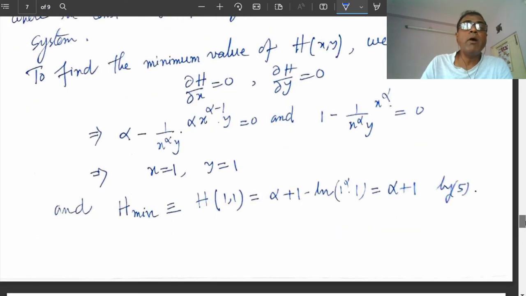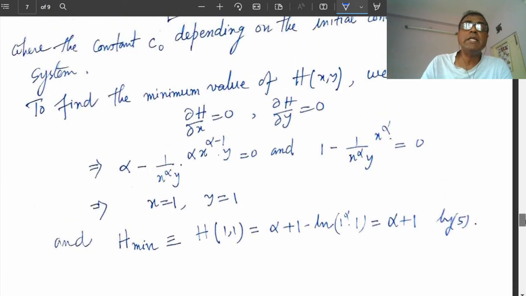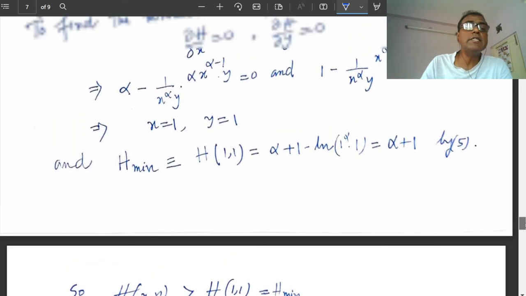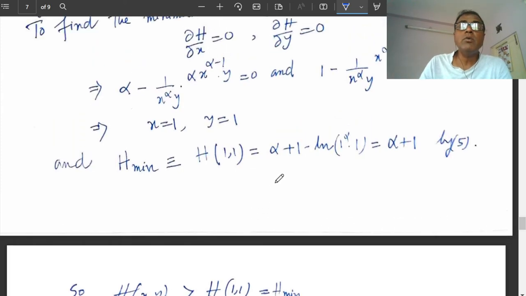So when x equals 1, y equals 1, we get the minimum value of H(x, y), and this minimum value H at the point (1, 1) equals α plus 1 minus ln 1, that is equal to α plus 1. So the minimum value of H is α plus 1.